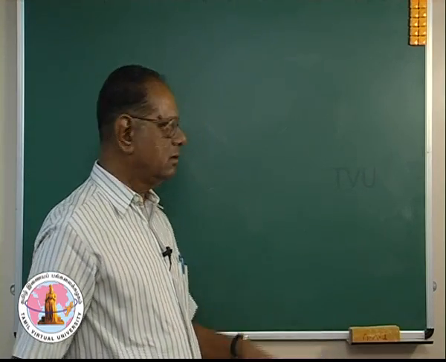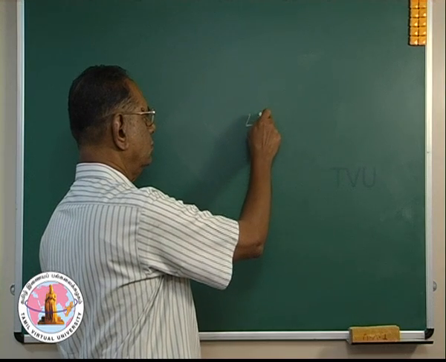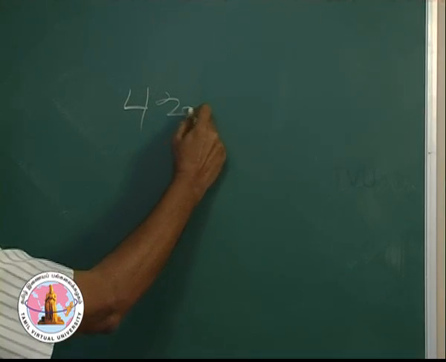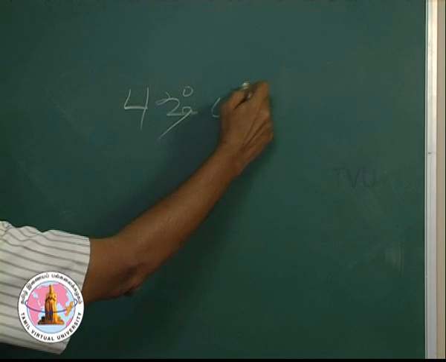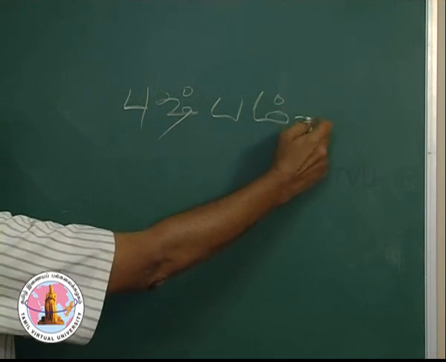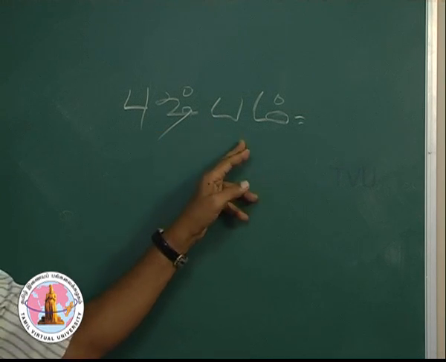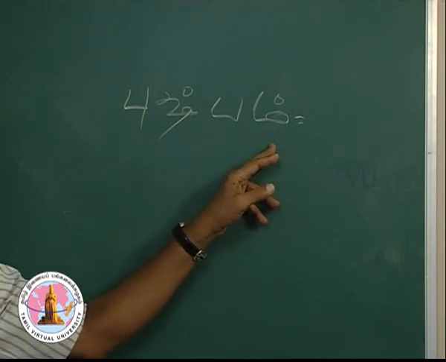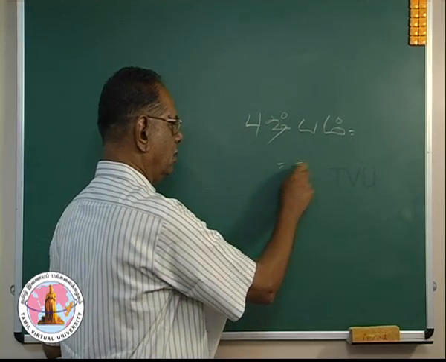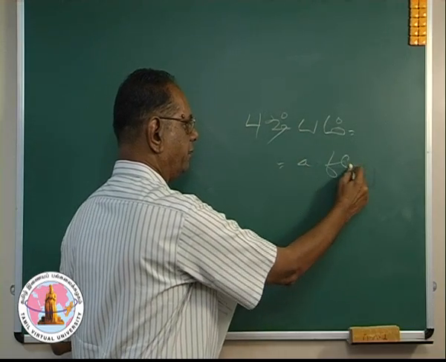For instance, can you read this? Pu, ish, pa, yam, pushpam. Pushpam is a flower.